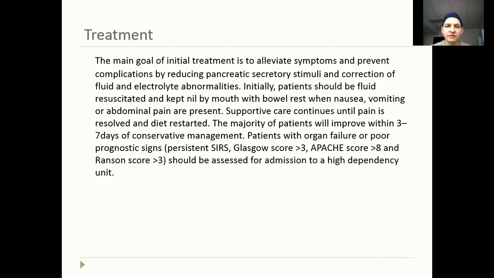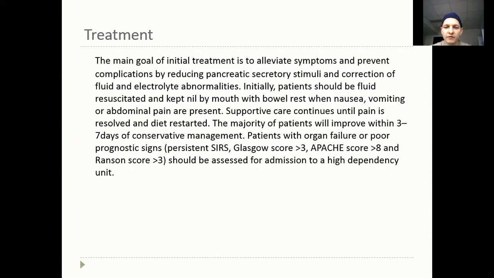Initially, patients should be fluid resuscitated and kept nil by mouth with bowel rest when nausea, vomiting, or abdominal pain are present. Supportive care continues until pain is resolved and diet restarted. The majority of patients will improve within 3-7 days of conservative management.